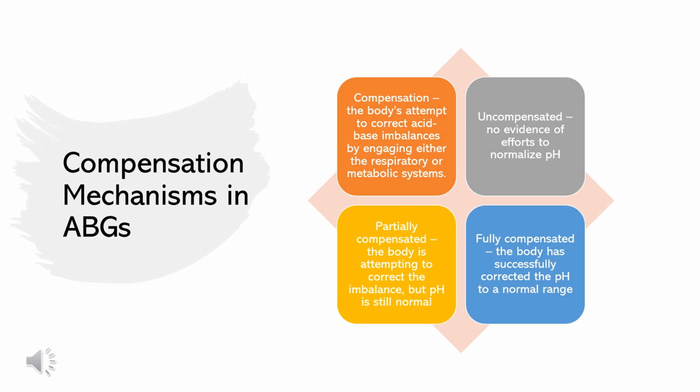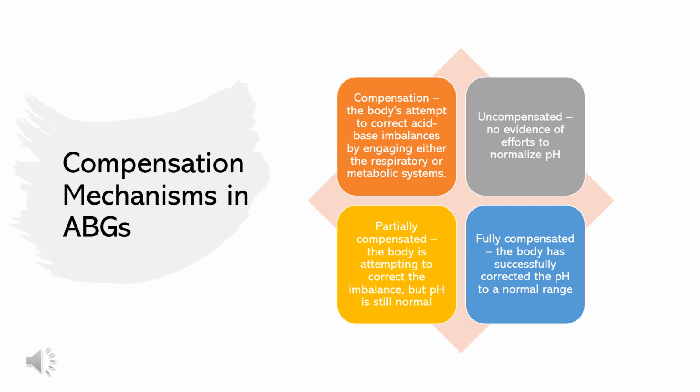This means there's no evidence of efforts by the body to normalize the pH. Only one parameter, either PaCO2 or bicarbonate, is abnormal, along with an abnormal pH. For example, in acidosis, pH and PaCO2 are abnormal, but HCO3 is within the normal range.